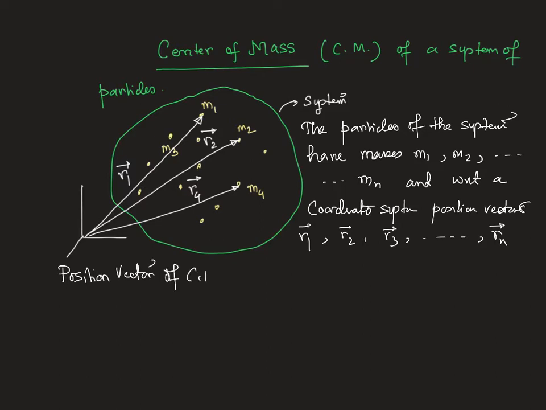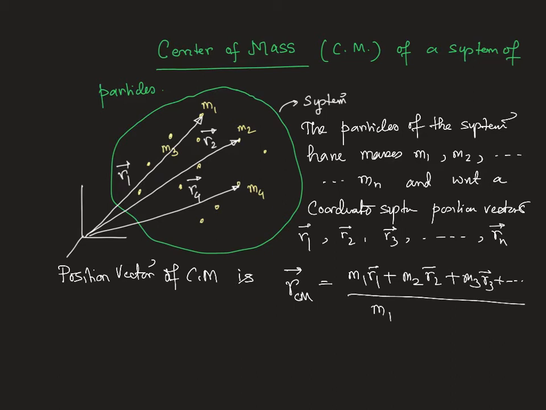Position vector of center of mass is RCM, such that RCM is m1 r1 plus m2 r2 plus m3 r3 up to mn rn, for n particles, divided by m1 plus m2 plus m3 up to mn.